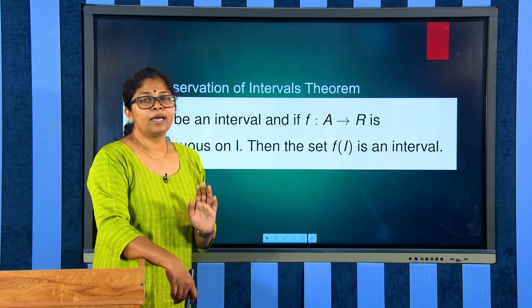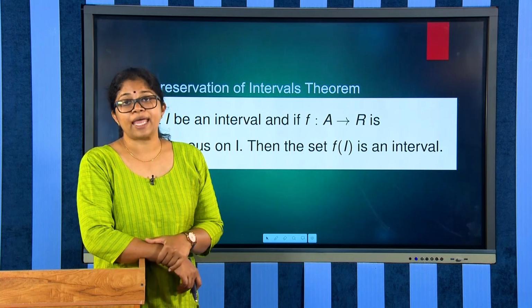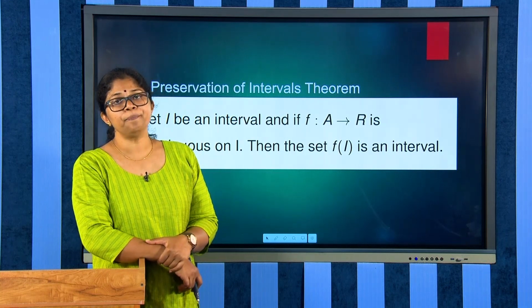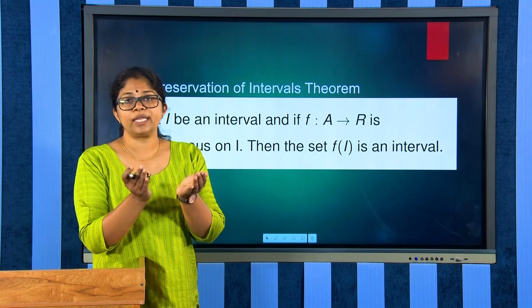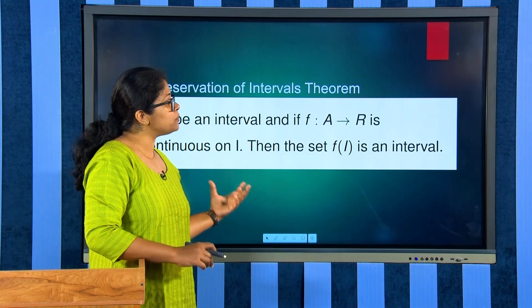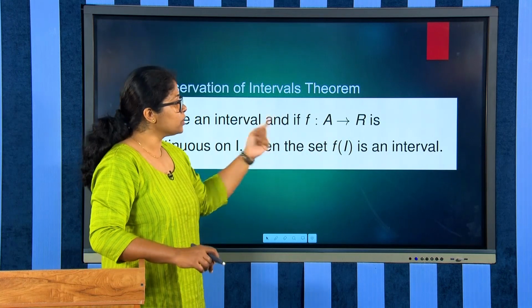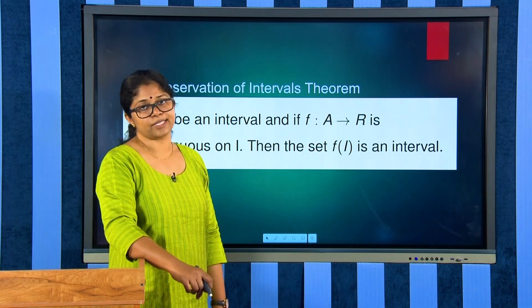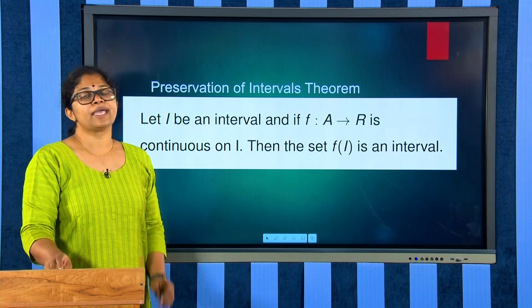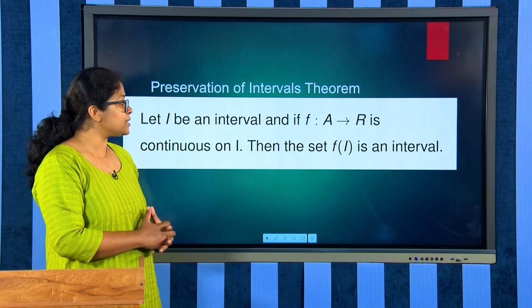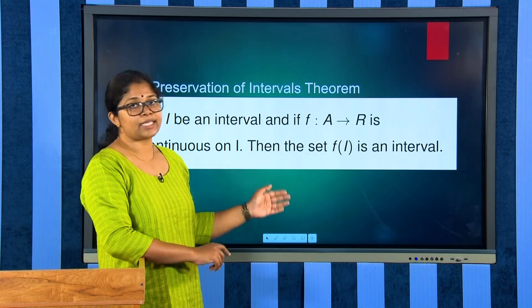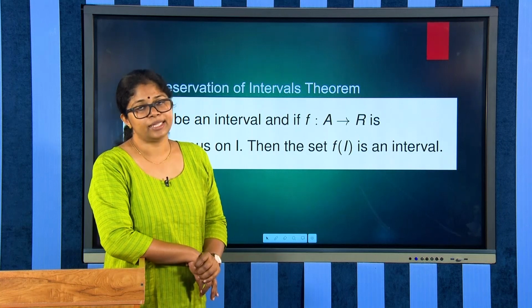Again the proof follows from the characterization of intervals theorem. Any value between the points can be swept inside f of I because of the intermediate value theorem as well. So the proof follows from the characterization of intervals theorem as well as Bolzano's intermediate value theorem.